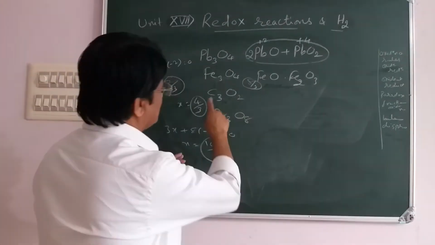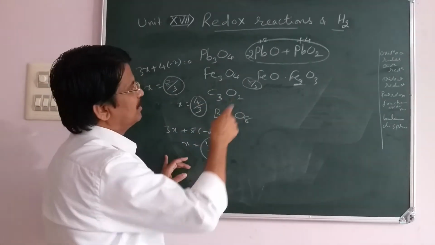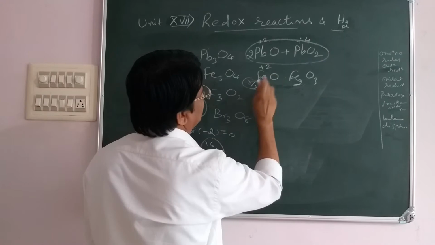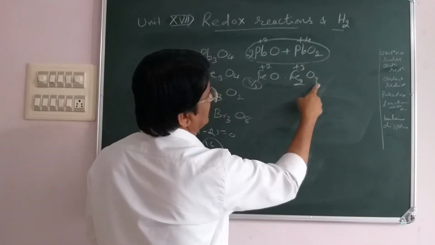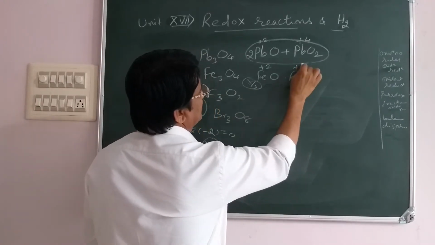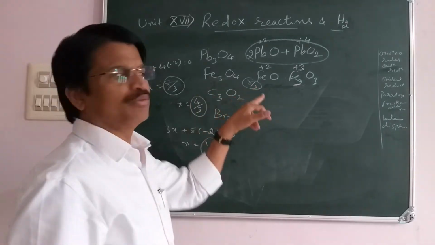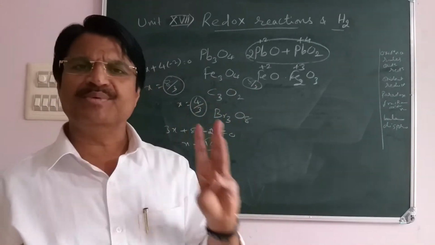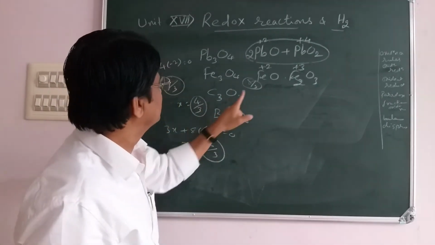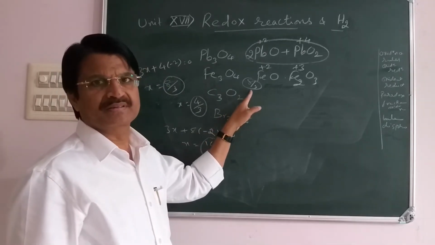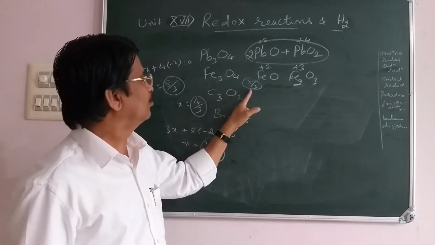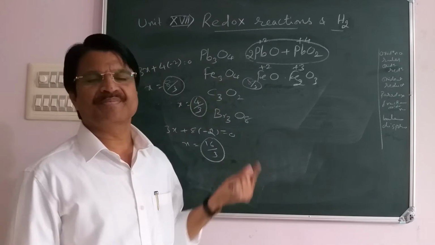But if you write the structures, see the actual oxidation number. Here I told you the oxidation numbers of Fe are plus 2 and plus 3. In Fe3O4, don't take 8 by 3; that is called the average oxidation number of the 3 Fe.